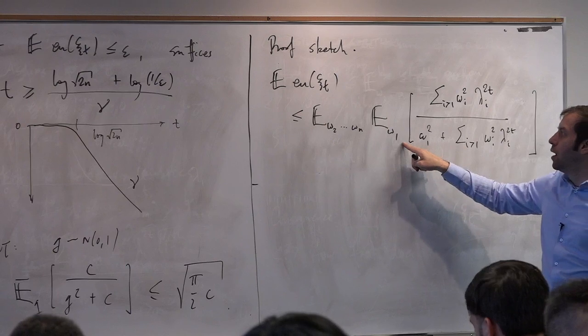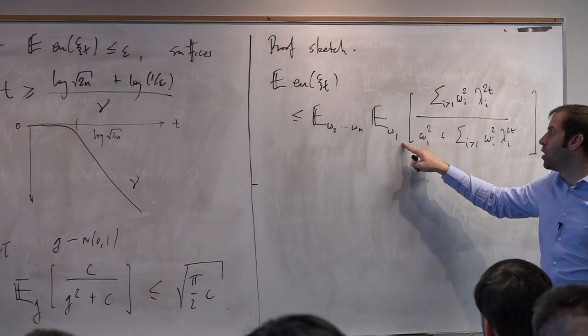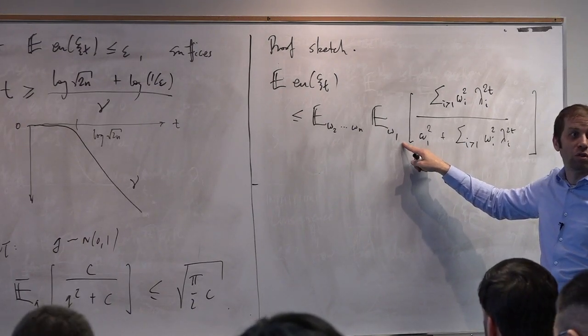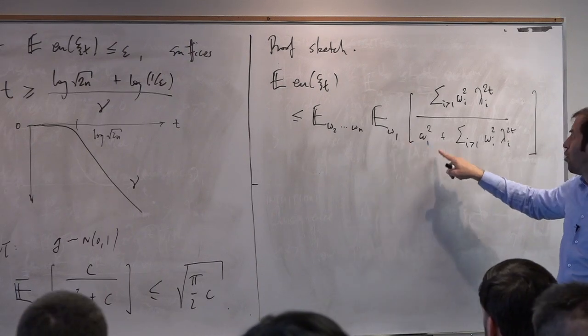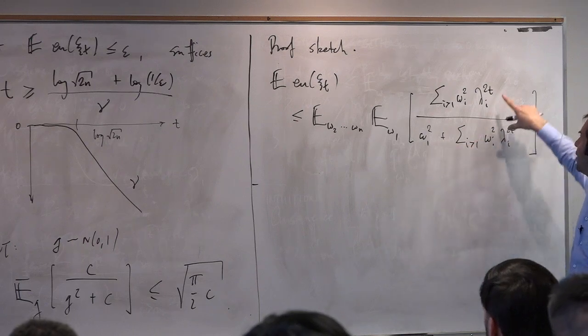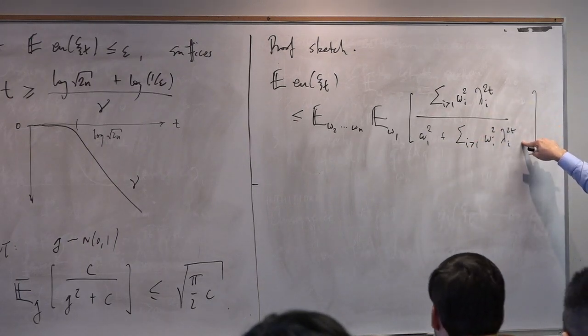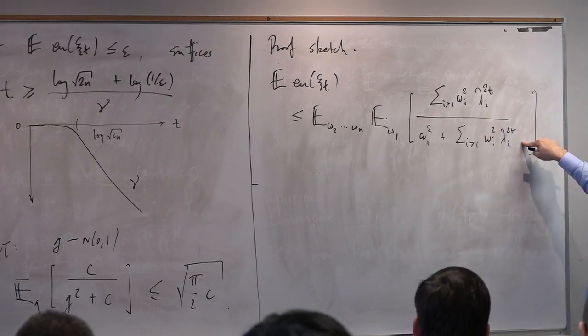And by the independence of the coordinates, I can compute the expectation in two steps. Well, look here. This is standard normal. Here's the square. We've got the same number here in the numerator and the denominator.